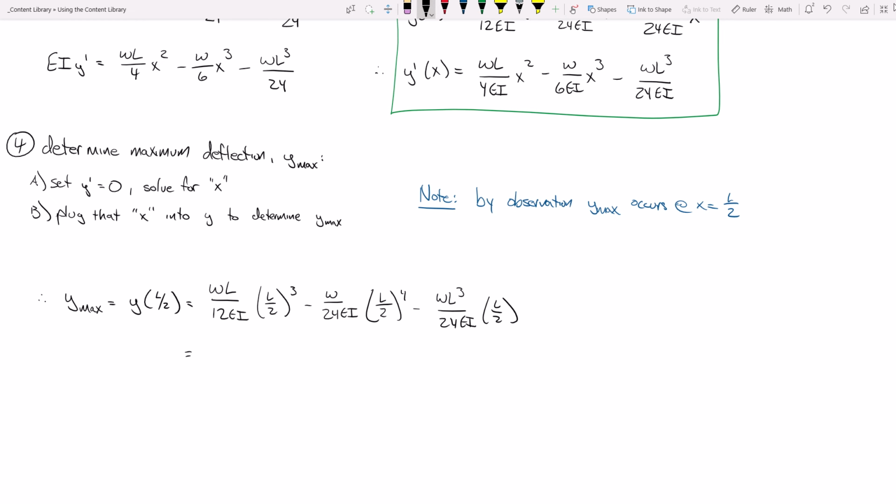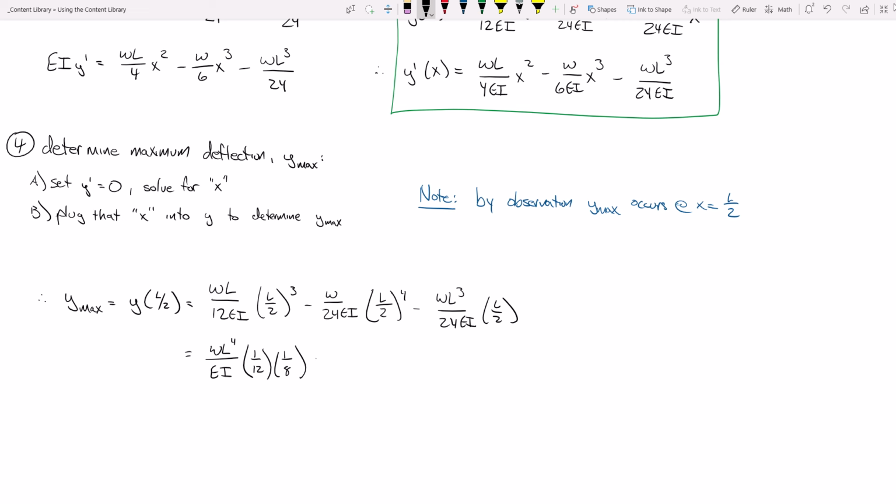So, WL to the fourth over EI, and then what am I going to have? I'm going to have 1 over 12 times 1 over 8. Is that right? Y'all see that?